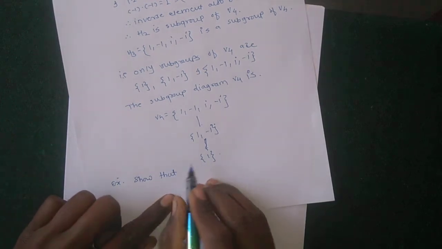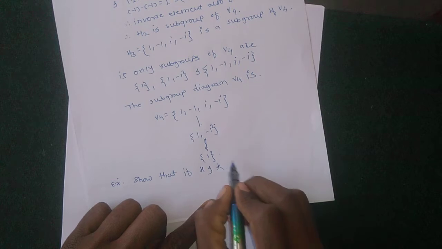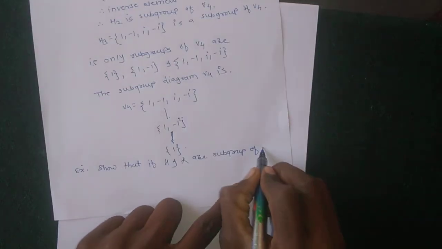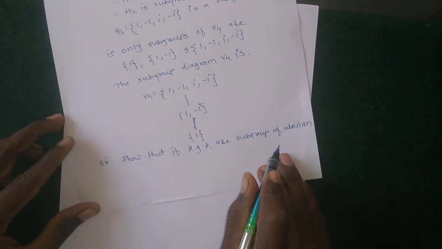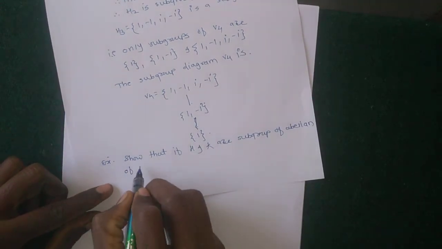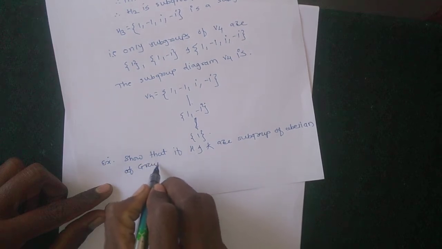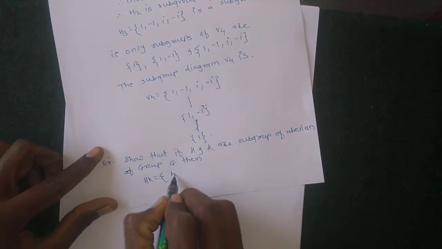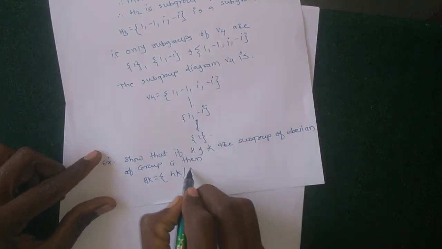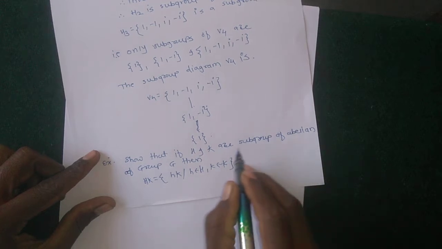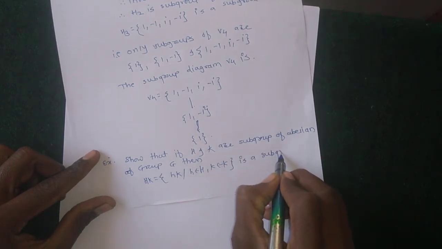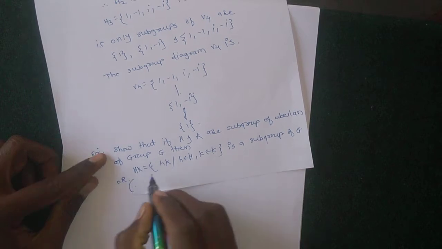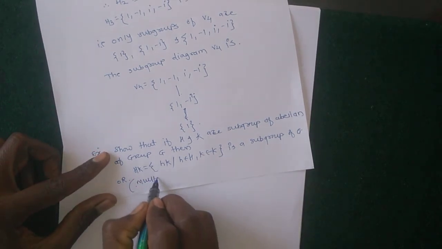Show that if H and K are subgroups of an abelian group G, then the multiplication of two subgroups, which contains elements of the form HK where H belongs to H and K belongs to K, is a subgroup of G. This statement can also be put as: the multiplication of two subgroups is again a subgroup.